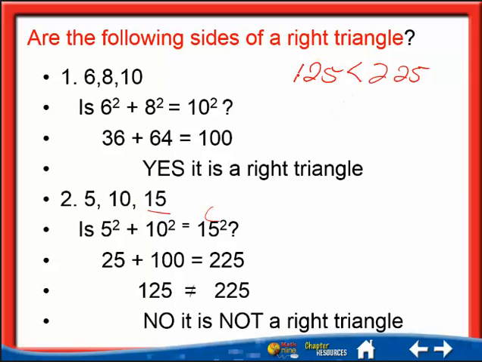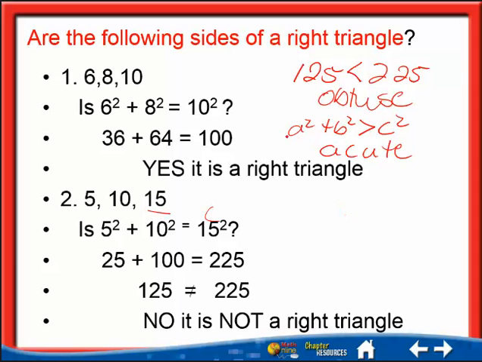If a squared plus b squared, this 125, is less than c squared, this is an obtuse triangle. If your a squared plus b squared side is greater than your c squared, then it's an acute triangle.